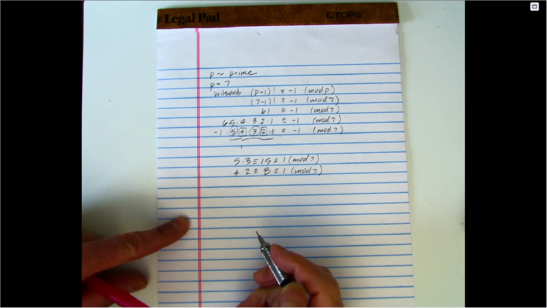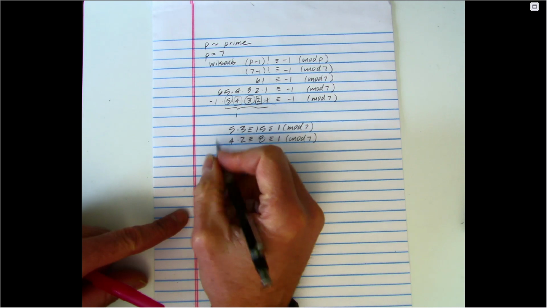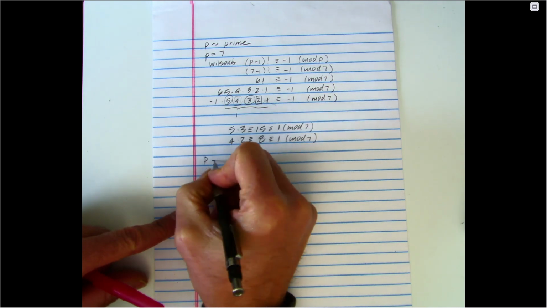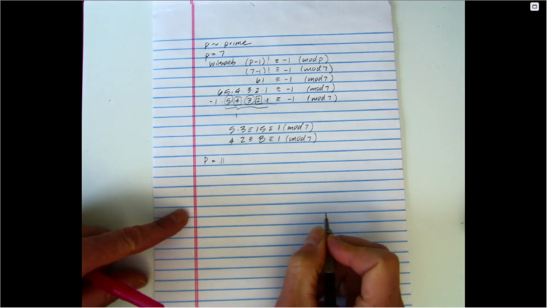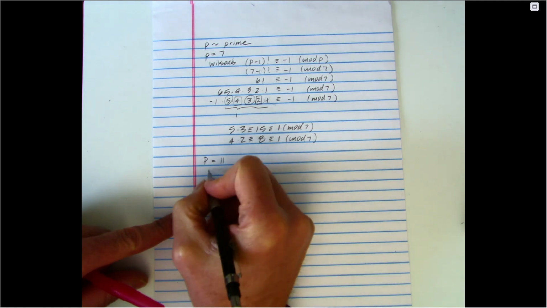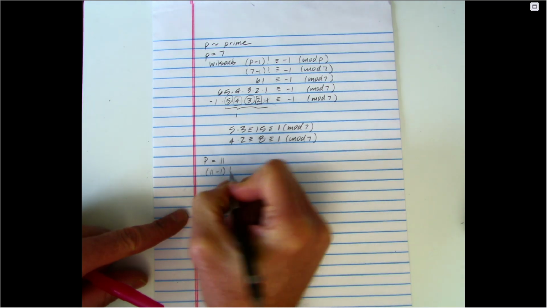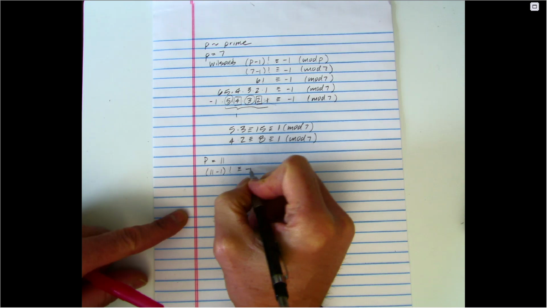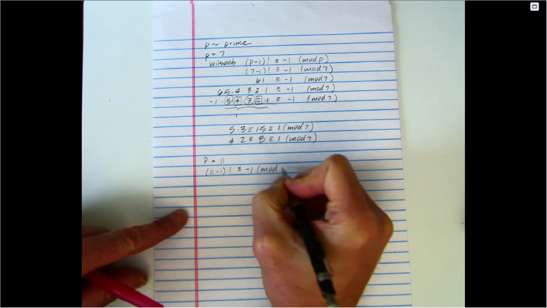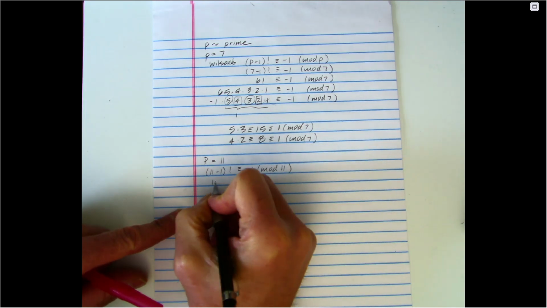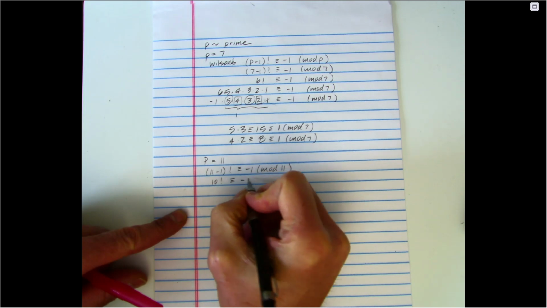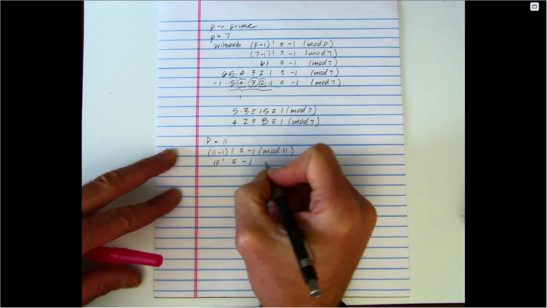Let's try just one more example. We'll bump it up to 11. So what Wilson's would say here is that 11 minus 1 factorial should be congruent to negative 1 mod 11. That means that 10 factorial is congruent to negative 1 mod 11.